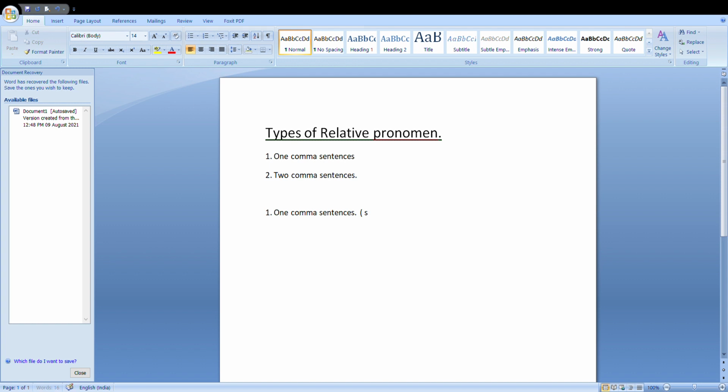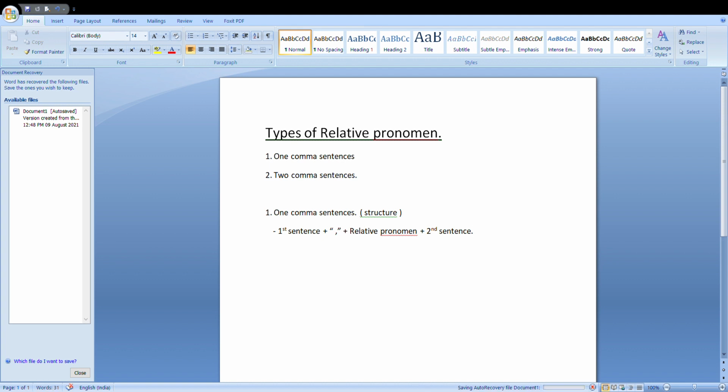So it is simple: first sentence, plus comma, plus relative pronomen, plus second sentence. Okay, first sentence, then comma, then relative pronomen, and then second sentence.